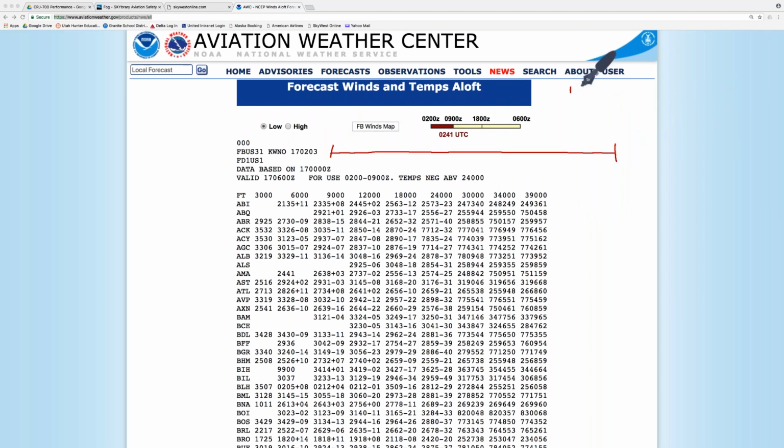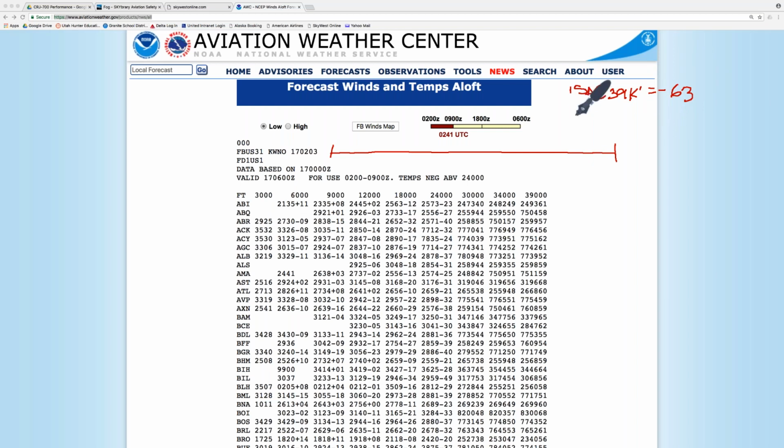Okay, let's say that we're at 39,000 feet and ISA at 39. Once again, is that right? Equals negative 63. We've already figured that out.